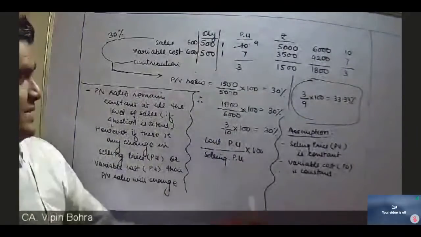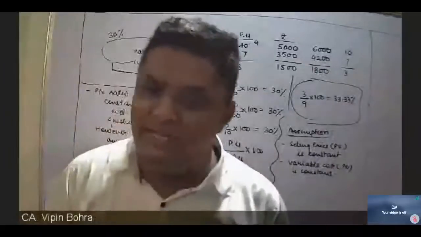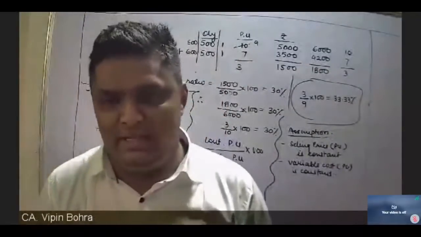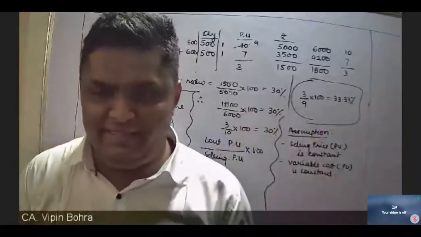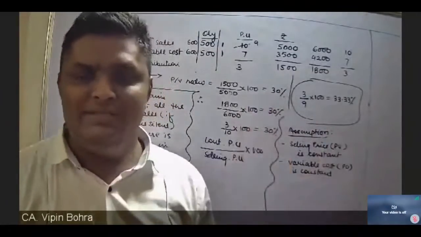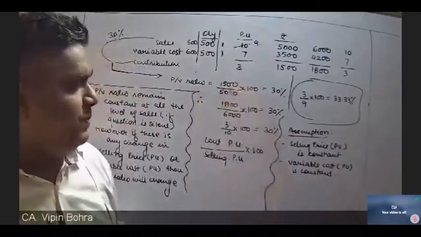Please copy each and every part, guys. It will be very helpful for you when you are revising the chapter. So please copy. We are done with the first part of the chapter, that is PV ratio. We'll be moving towards the next part. So I suggest you please copy this part.